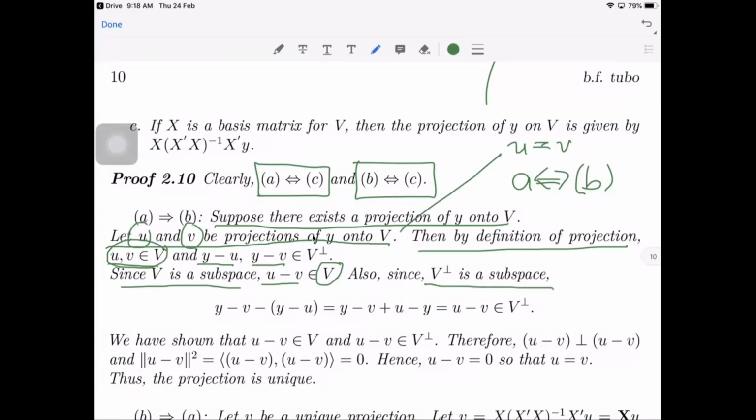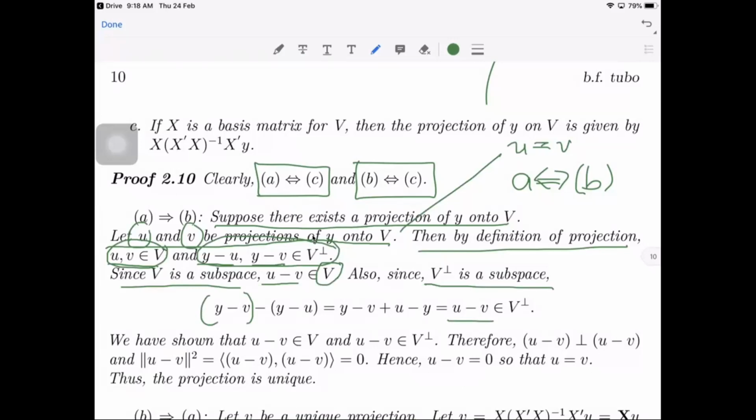Also, B perp is a subspace. We have shown that all vectors in B perp, when you take the linear combination of that, it's also in B perp. So if you consider Y minus B minus Y minus U, which is Y minus B plus U minus Y, which is actually U minus B, is in B perp.